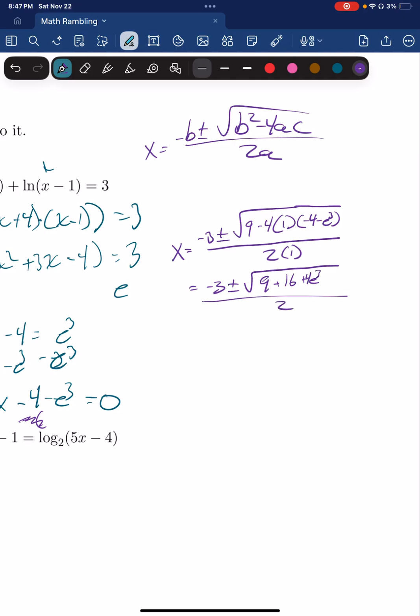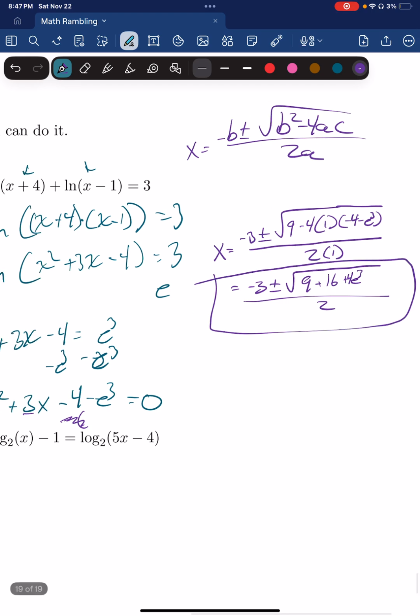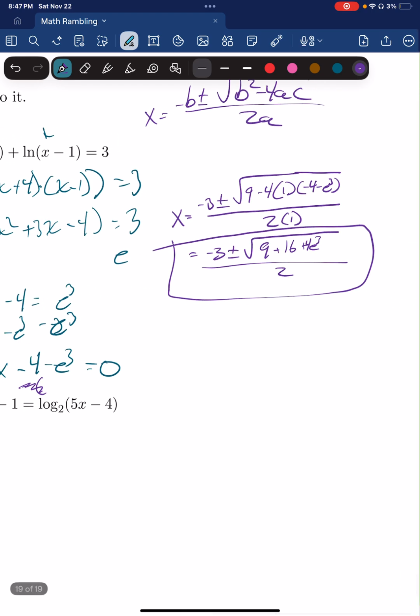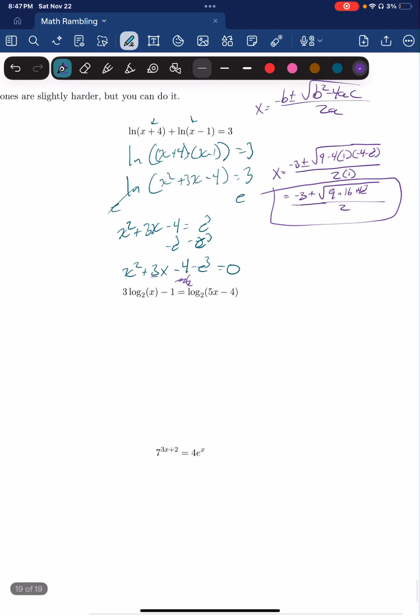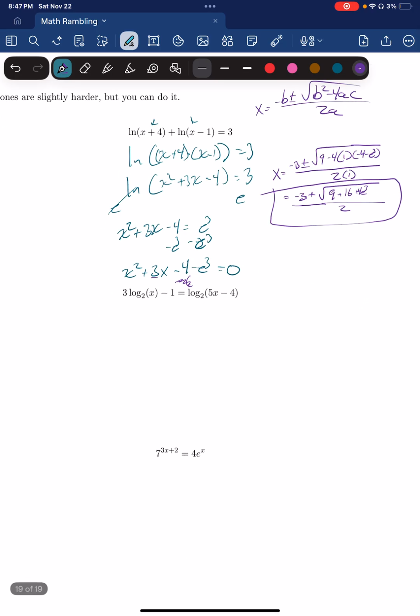All right, that's it. That's the answer. I don't know if one of those is extraneous. Actually, definitely one of them is. But that's the answer. If you didn't get that, that's okay, because that was hard.